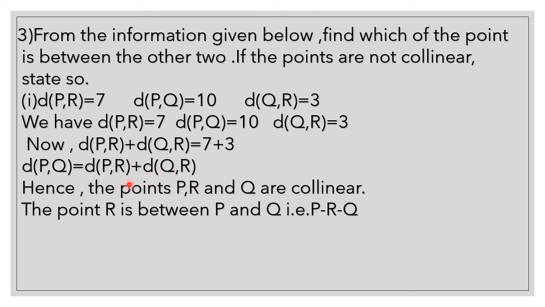So from this we can say that the point R is in between the points P and Q. As we are getting the sum of 7 and 3 equal to 10, we are saying that these points are collinear, and as this particular point R is common here, point R is in between the points P and Q. And we have written this as: R is in between P and Q.